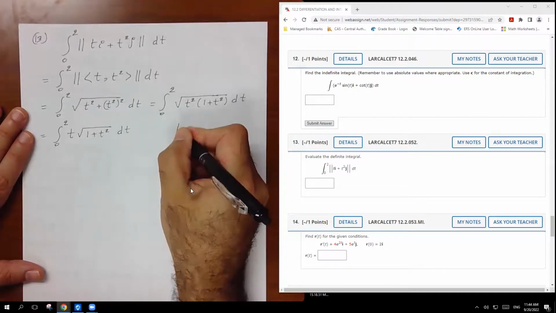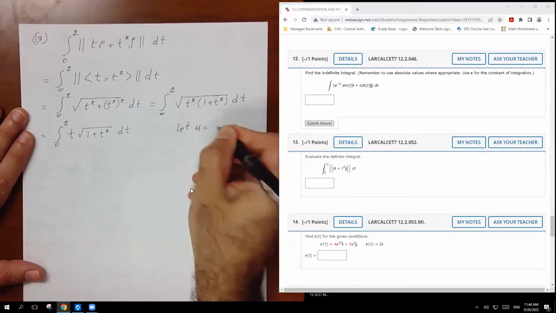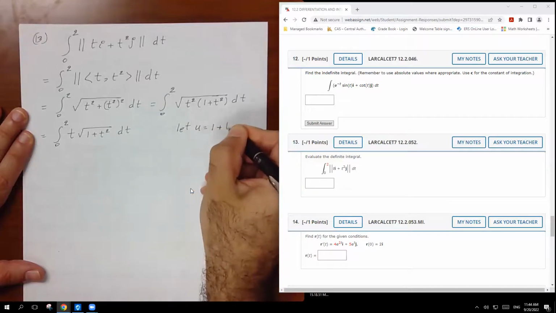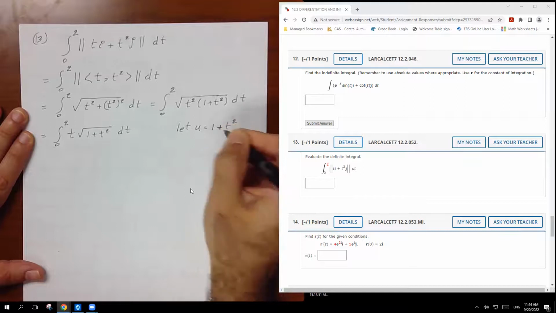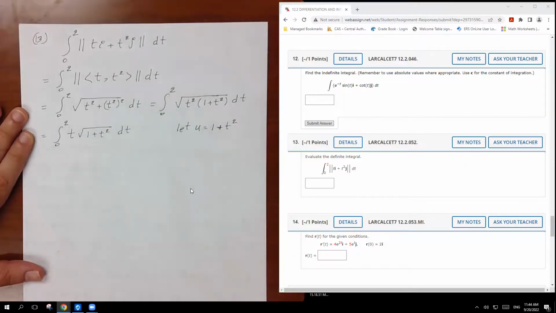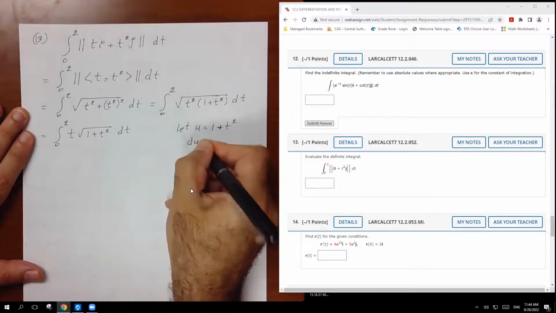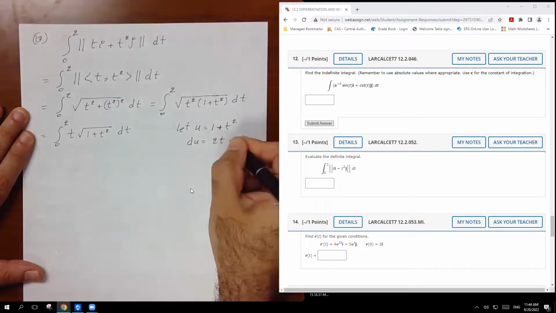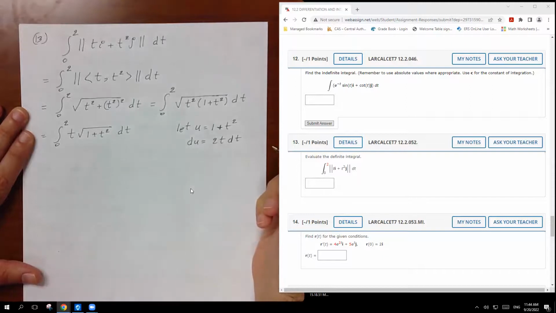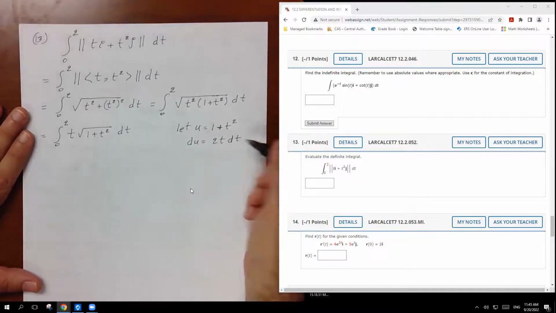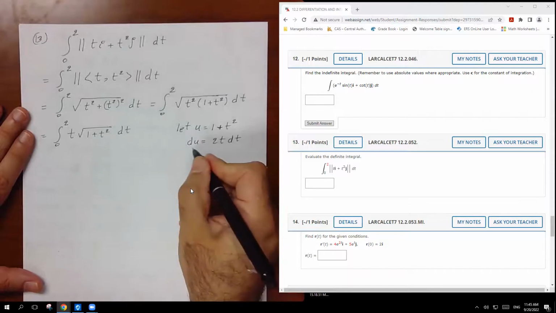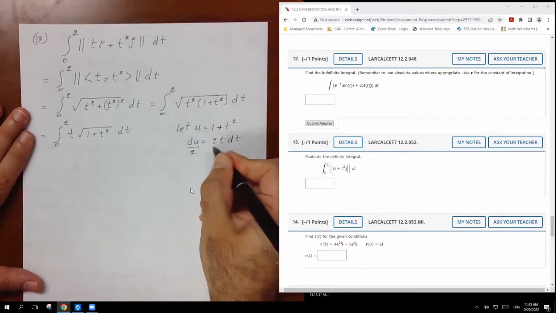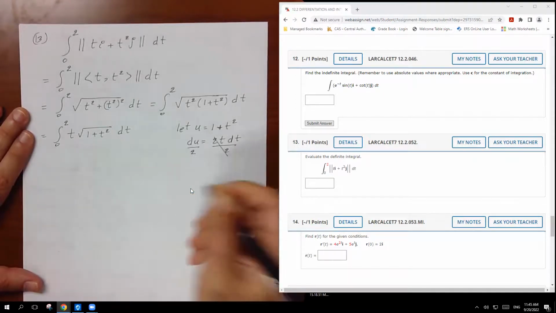So I'm going to say let u equal 1 plus t squared. That means du is going to be 2t dt, because we find the derivative with respect to t. If I divide this by 2, it cancels here.